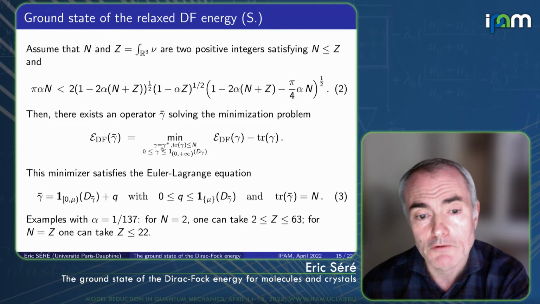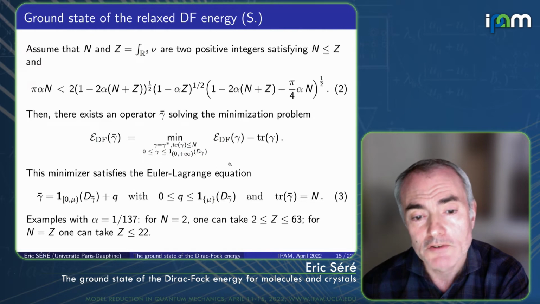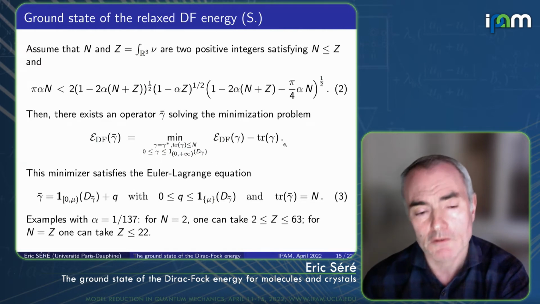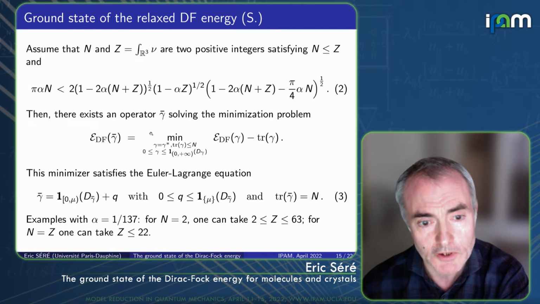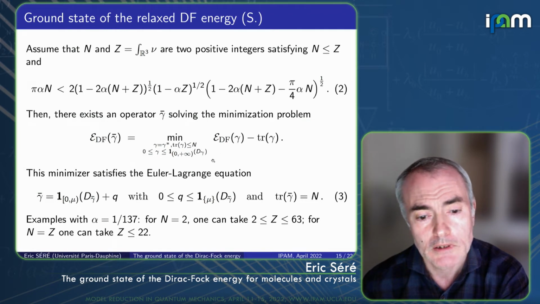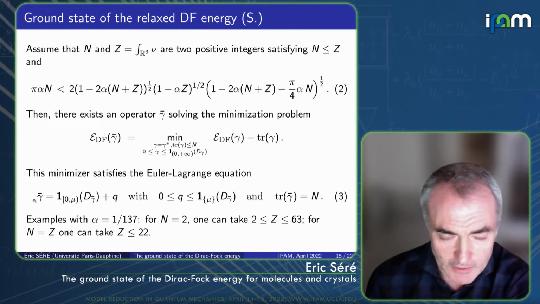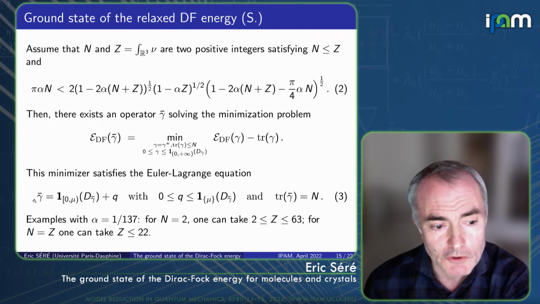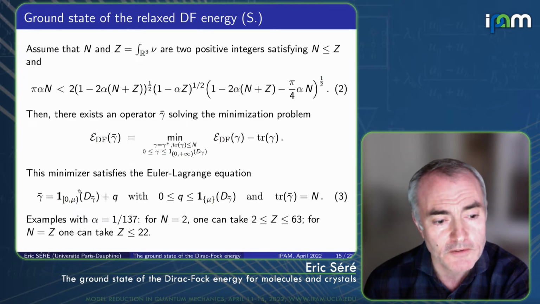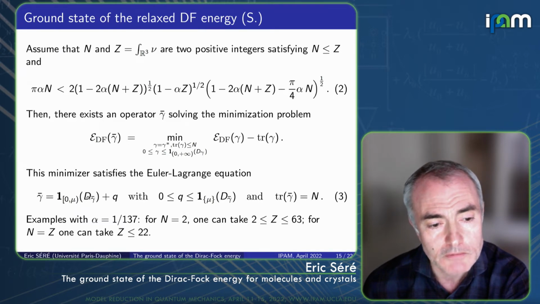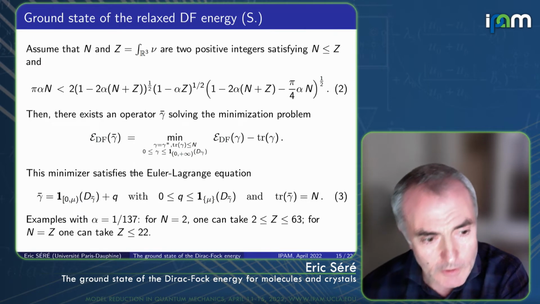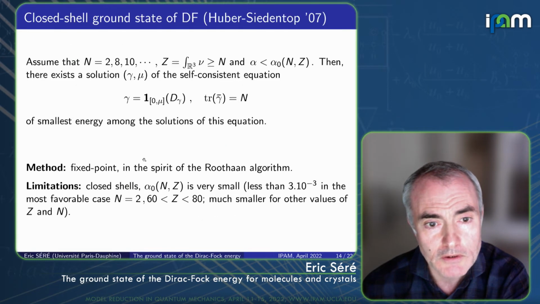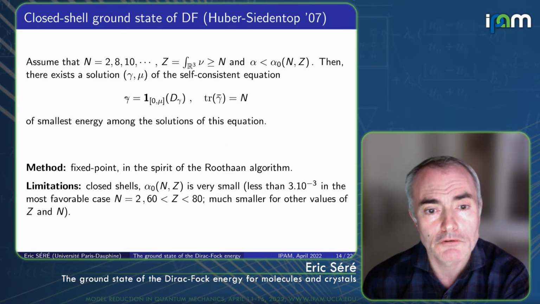But the good news is that even if it's a non-convex constraint, I was able to prove the existence of a minimizer of the Dirac-Fock energy under this constraint. And I can prove that this minimizer satisfies an Euler-Lagrange equation, which is not so bad. It's not exactly what we want, but almost. So I remind you what the correct Euler-Lagrange equation should be.